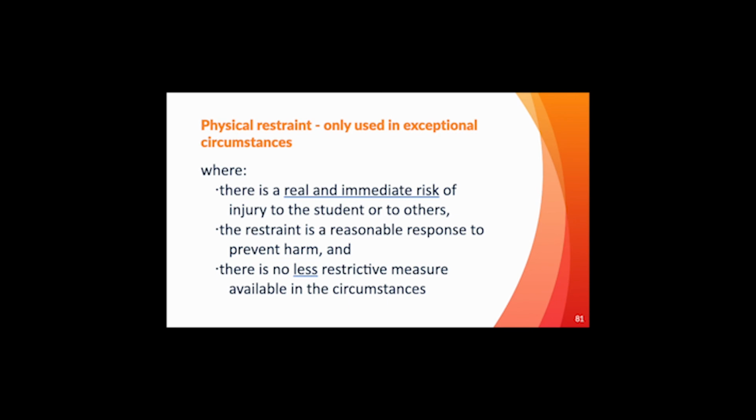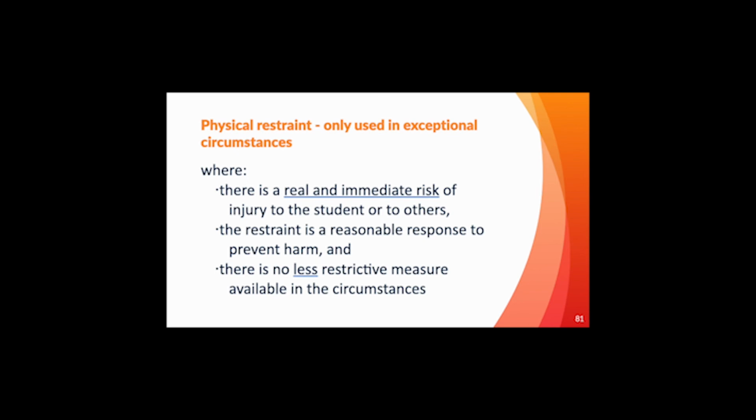So I basically restricted his arm. I think if you had thrown him to the floor or something like that, that would not be a reasonable response. And the other point here is that there is no less restrictive measure available in the circumstances.